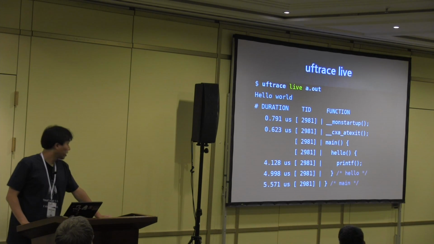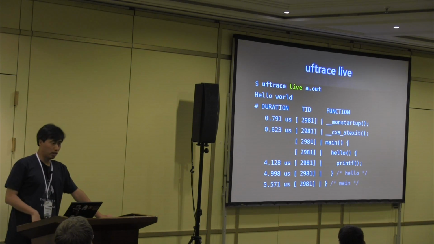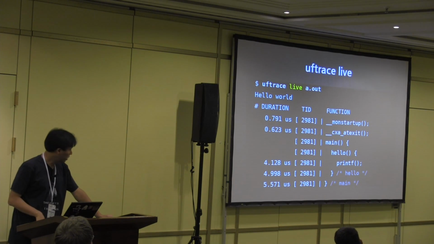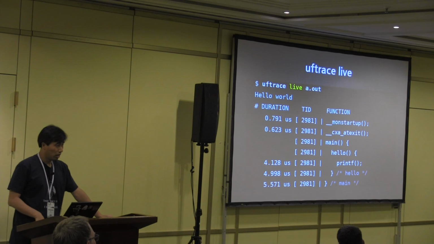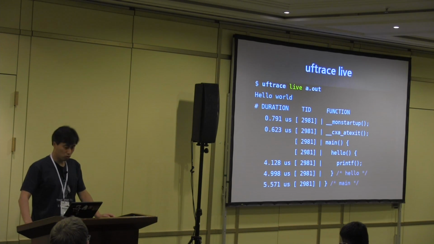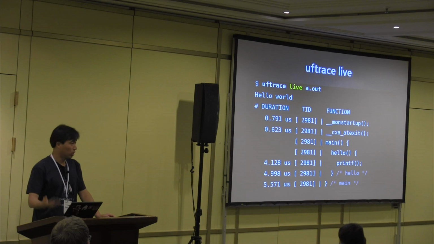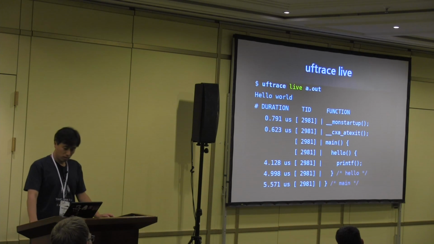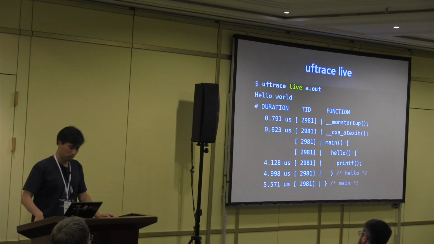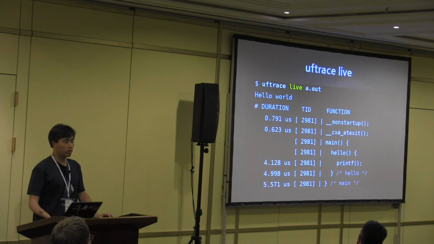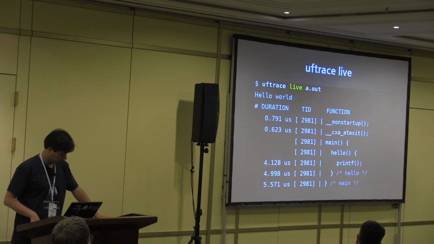Since record and replay is a very common operation to use, I added a live command to do the record and replay commands at once. And it doesn't create a data file. Actually, it creates the data file in a temporary directory, and after it shows the replay, it deletes the temporary data.